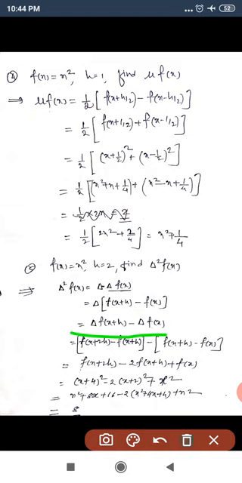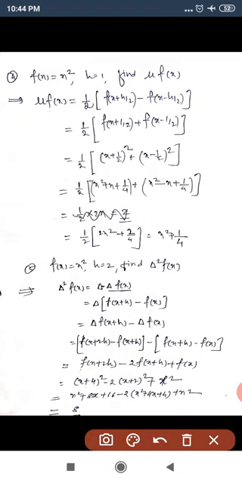Now simplify. Del of f of x plus h is f of x plus 2h minus f of x plus h, and del of f of x is f of x plus h minus fx. If we simplify this, we get f of x plus 2h minus 2 times f of x plus h plus fx.